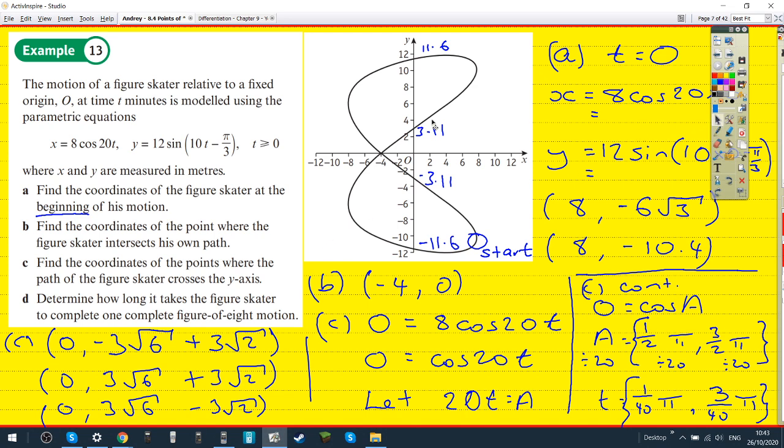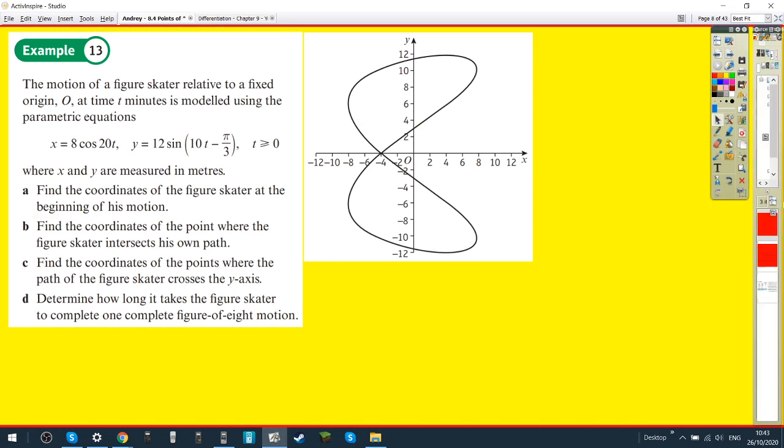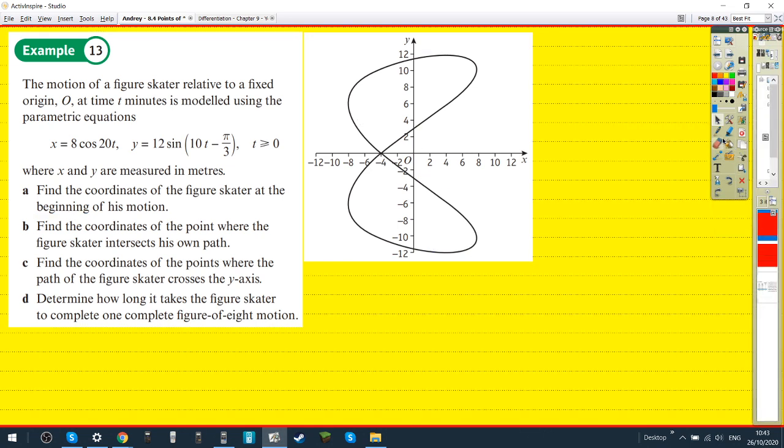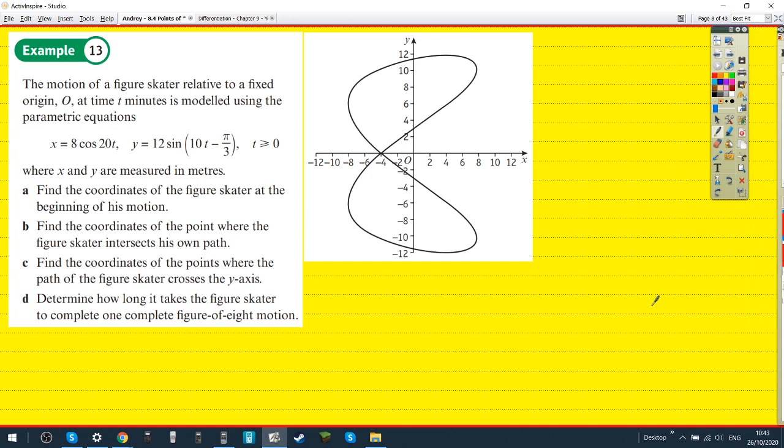Okay, so t is time. They said how long, so I'm guessing I need to find out some sort of t value here. Yep.